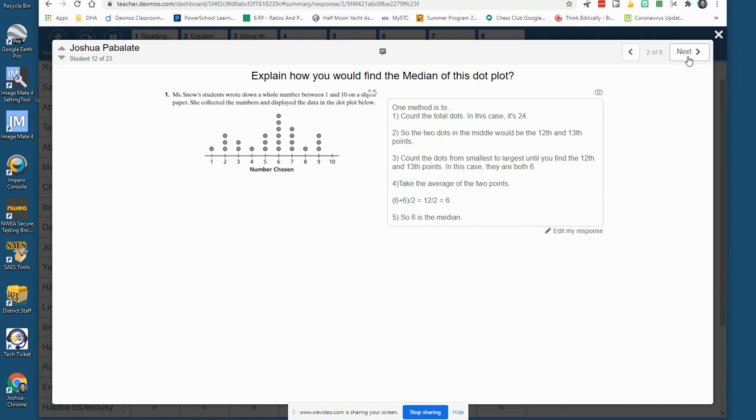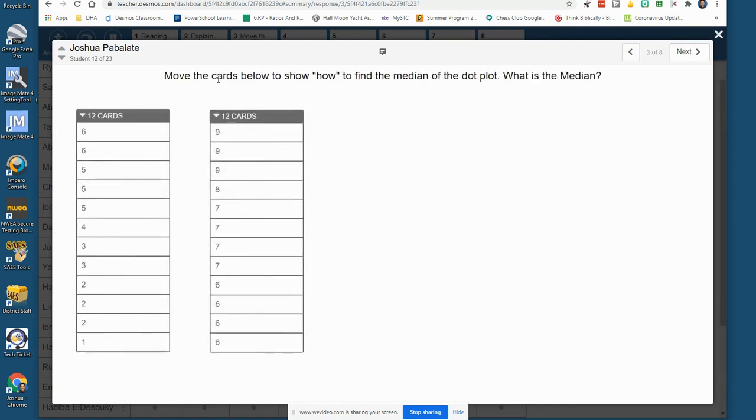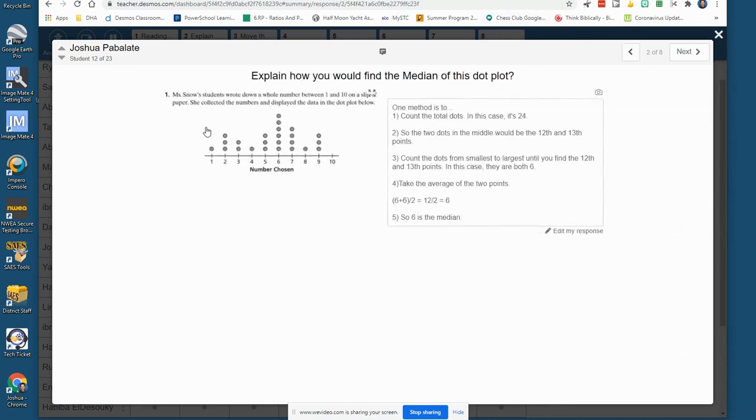All right. Question 3. Move the cards below to show how to find the median of the dot plot. What is median? Okay, just to let you know, these are the same values from the problem before. An alternative way yet again to find the median is you can list out the number for each of the dots in order and then count however you'd like.